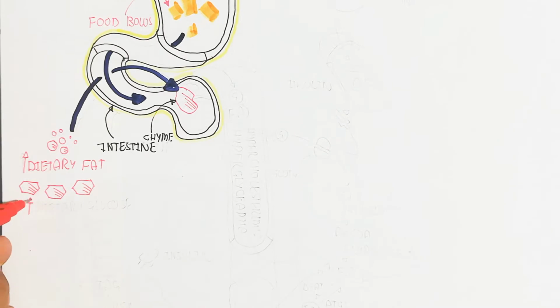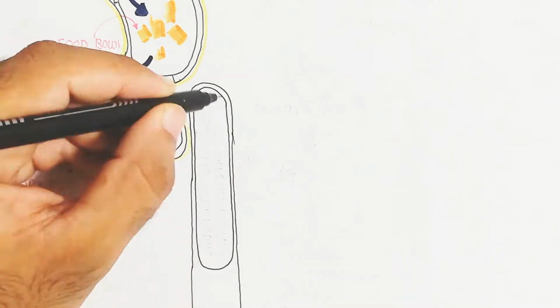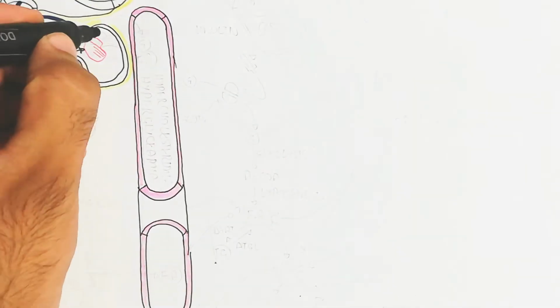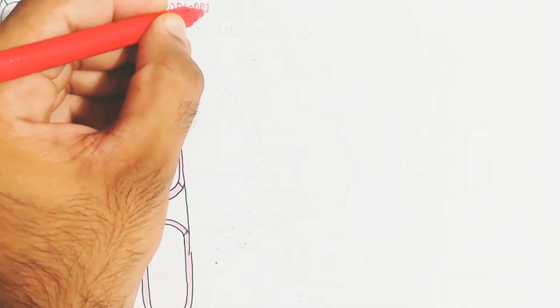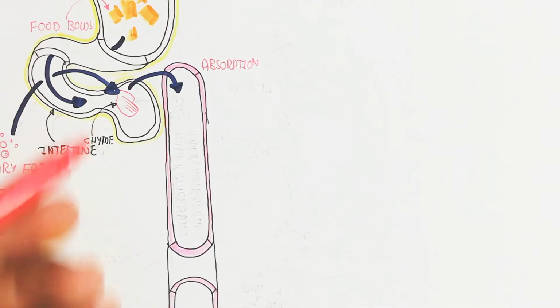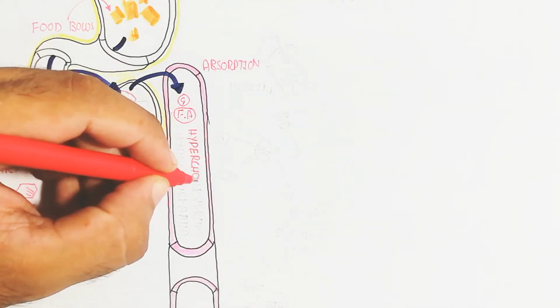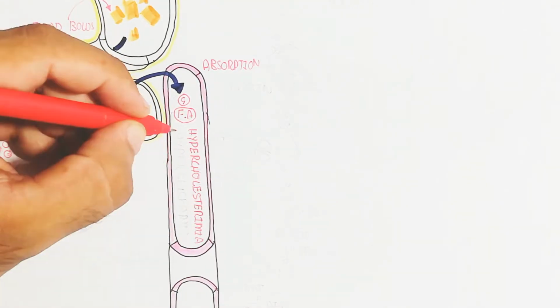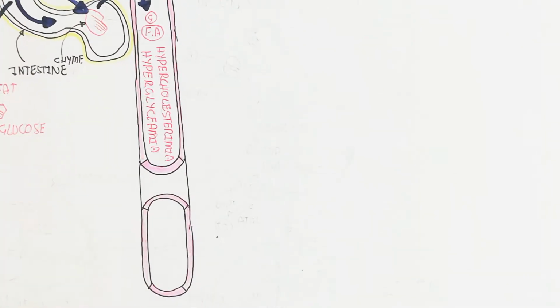When it goes into the blood circulatory system, hypercholesterolemia, hyperlipidemia and hyperglycemia occur. Remember, after this, the increase of the glucose level and the increase of the lipid level will lead to an increase in low density lipoprotein. The higher glucose level will trigger the beta cell of the pancreas to release insulin.